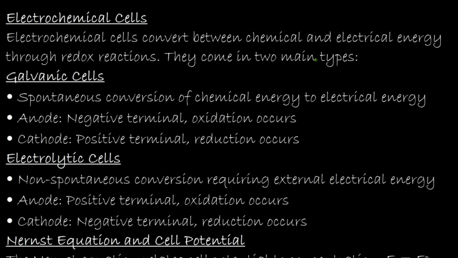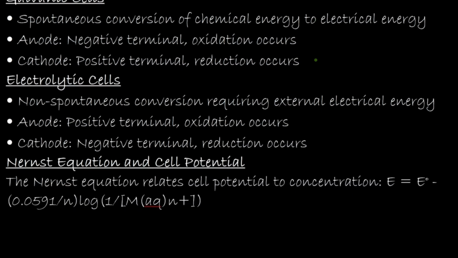The difference is that the galvanic cell is spontaneous and the electrolytic cell is non-spontaneous, requiring energy externally. In the electrolytic cell, the anode is the positive terminal and the cathode is the negative terminal, but the reactions remain the same, oxidation and reduction occurring at anode and cathode respectively.